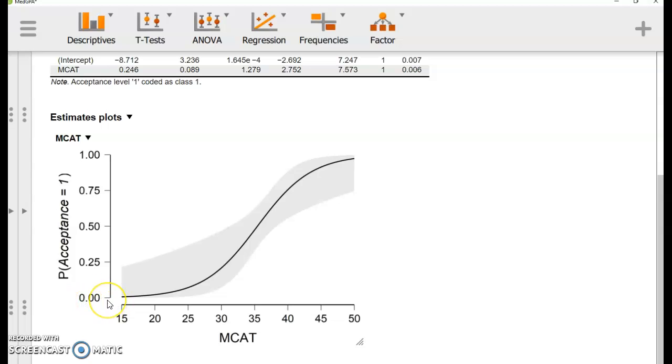Notice that this bottoms out at 0 and ceilings out at 1.0 because you can't have more than a 100% chance or more than a probability of 1.